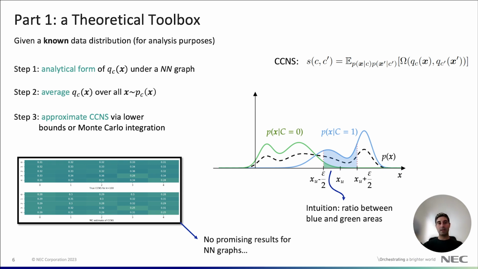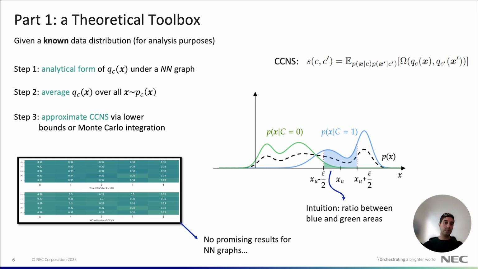And here I have an example for you where we picked a random data distribution and we computed the k nearest neighbors graph for k equal to 100. Of course, our approximation gets better as the k increases. And as you can see, there is almost no difference between the true CCNS matrix on top and our Monte Carlo estimate at the bottom.